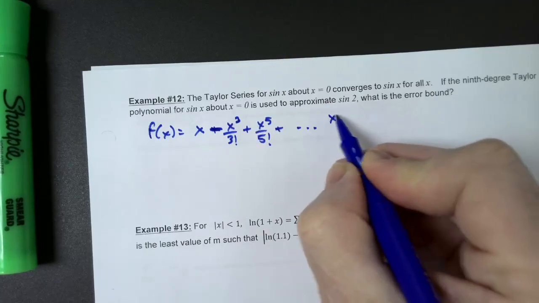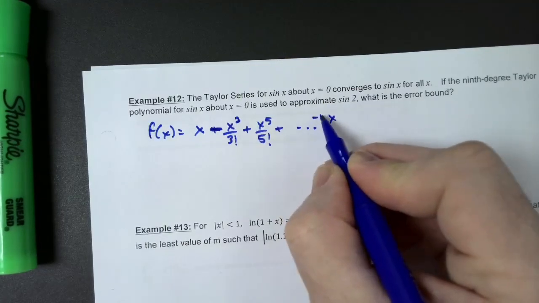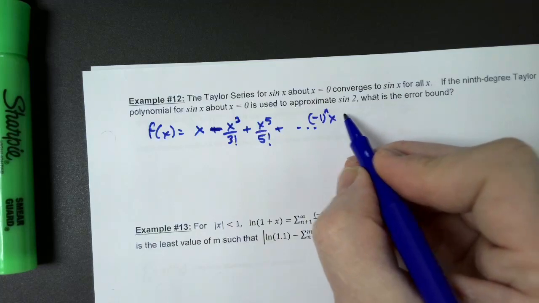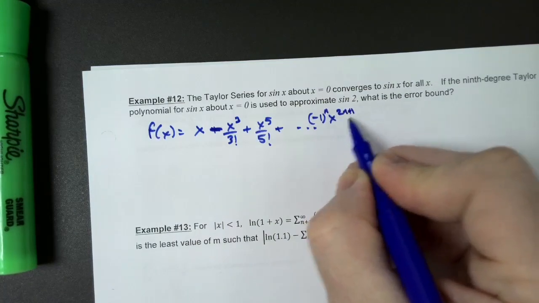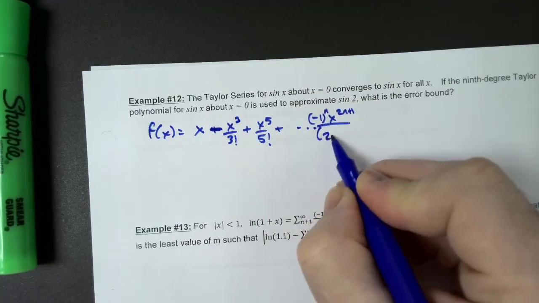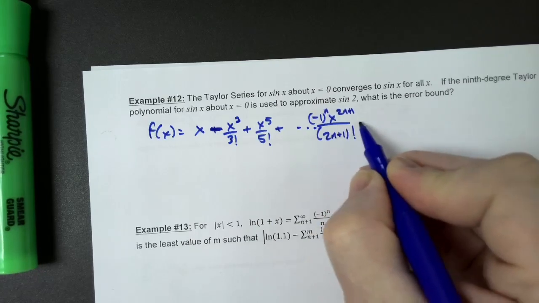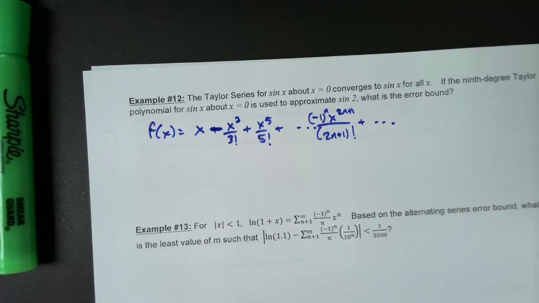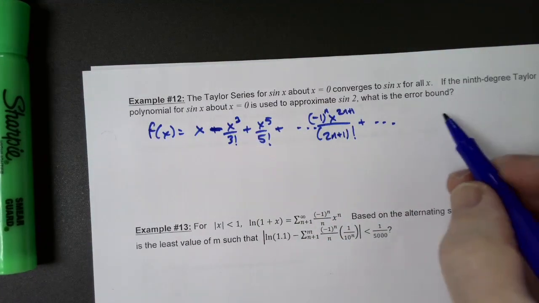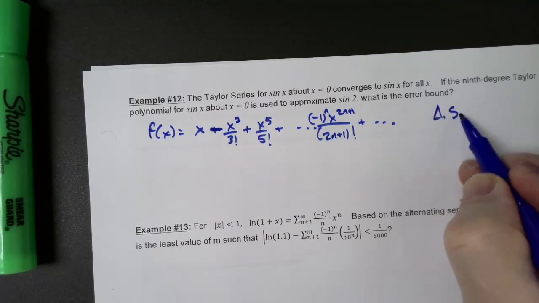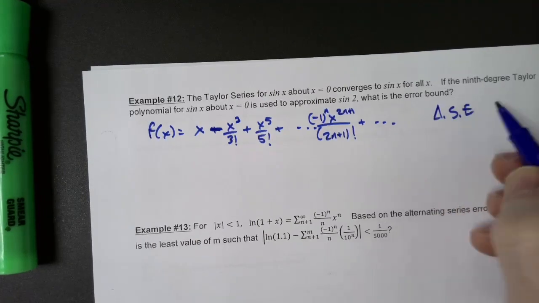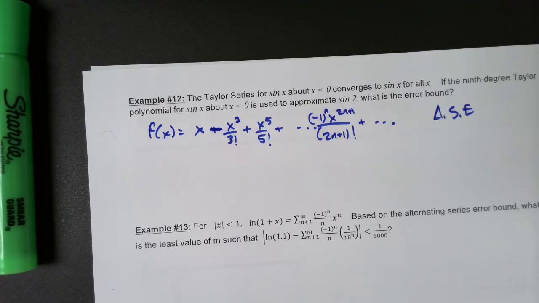It is an alternating series, negative 1 to the n, x to the 2n plus 1 over 2n plus 1 factorial. So we can actually say, let's use our alternating series error on this one. Which means all we have to do is the next omitted term here.